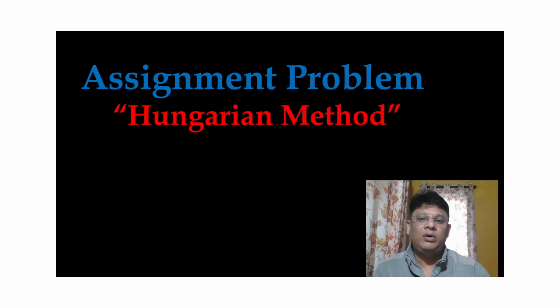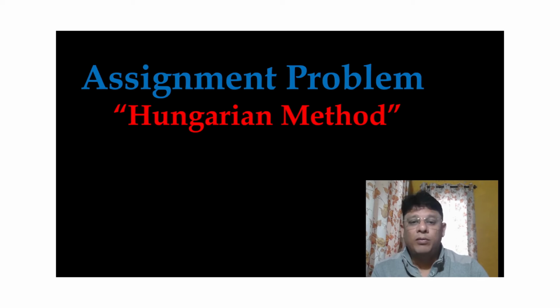Now, first of all, we solve the assignment problem, or we get the optimum solution, with the help of the Hungarian method. So we use the Hungarian method to find out the optimum solution. Now, the most important thing is the Hungarian method is only meant for problems of minimization.